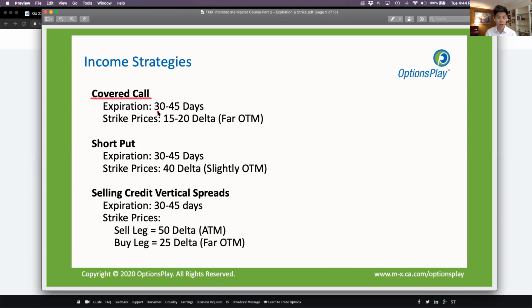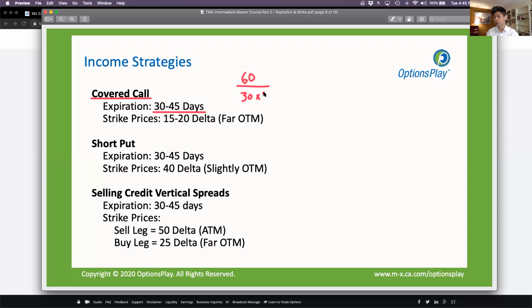So whenever you're selling covered calls, you generally want to skew more towards the shorter end of the spectrum. Usually a good starting point is somewhere between 30 to 45 days out. So 1 month, 1.5 months out. You usually don't want to go further out than that, because anything further, you can sell shorter dated options and do it more frequently. If you sell a 60-day covered call, that is the same thing as selling a 30-day option twice, right?